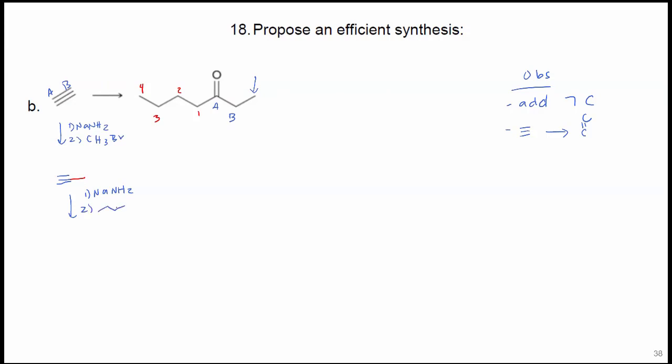Here I'm adding 4 carbons. So I've added my 4 carbons, and then I can make that into the ketone using water, acid, and HgSO4.